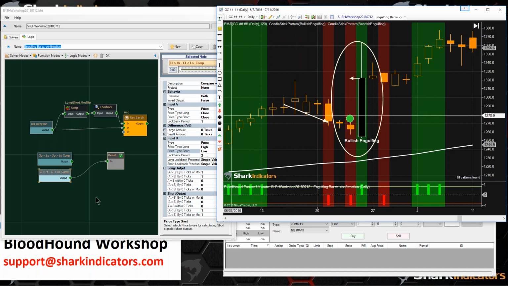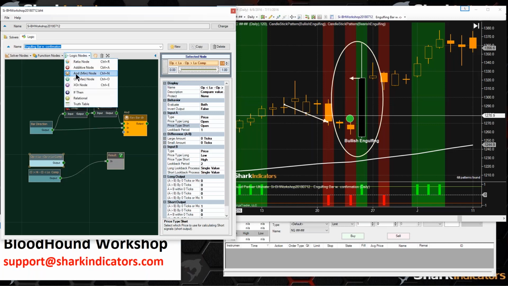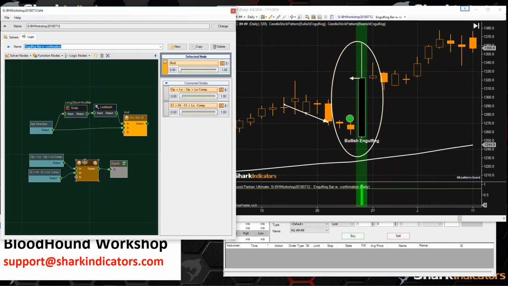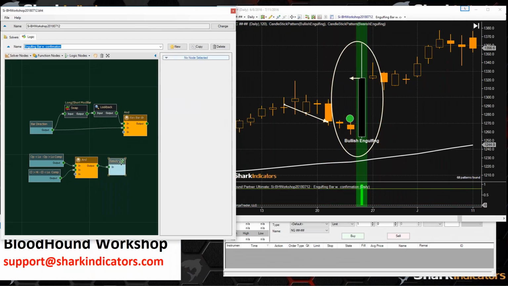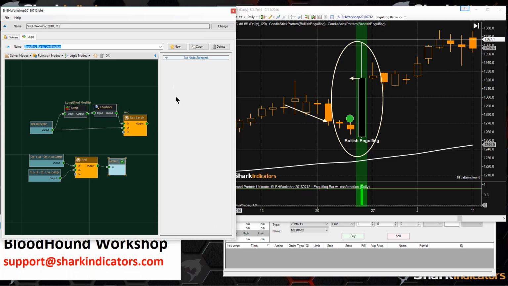Okay, now I believe it's only these two together, we'll find out shortly, that compose an engulfing bar. Let's see what we have so far.